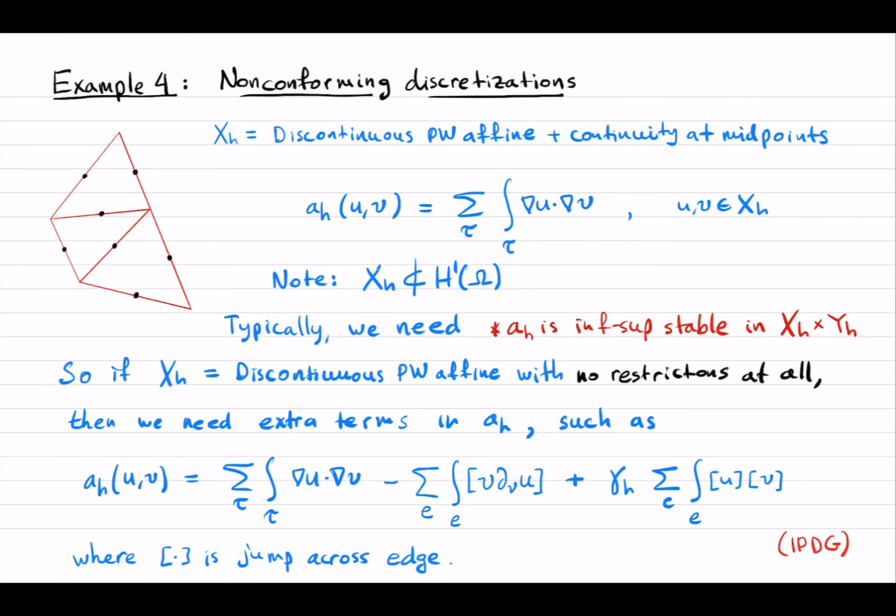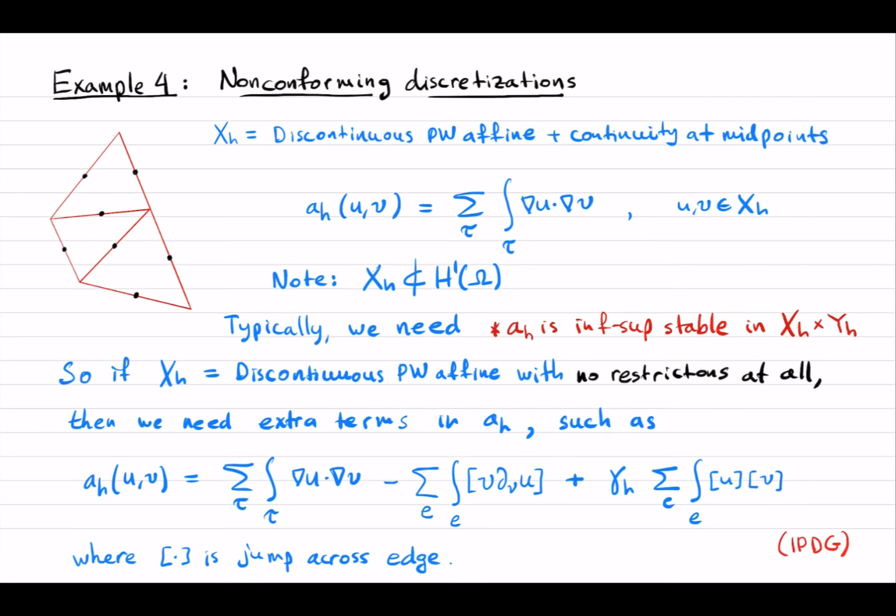There are other types of non-conforming discretizations where you don't even require conditions such as continuity across the midpoints of the edges and try to impose these continuity requirements through the bilinear form itself, similar to Nitsche's method. So these are usually called interior penalty methods instead of boundary penalty methods.